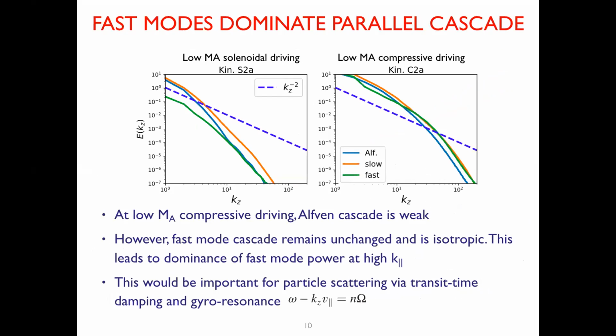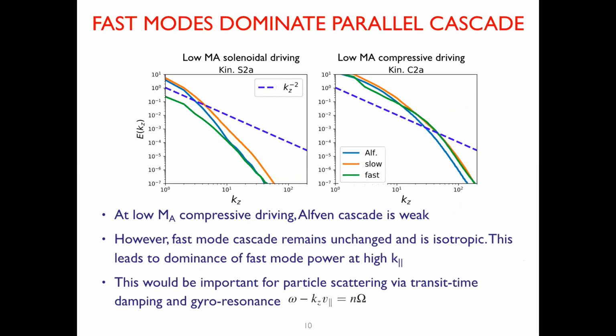And based on this, what we found is something which was not expected. This is the spectrum of the modes versus K parallel. The green is the fast mode, the yellow is the slow, and the blue is the alpha. And you can see on the right-hand side figure, there is a turbulence of weak alpha modes. When the alpha cascade is weak, the energy does not go to higher Kz.